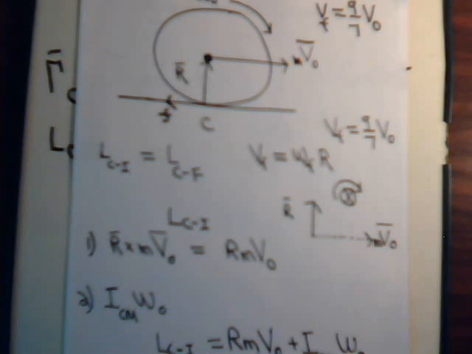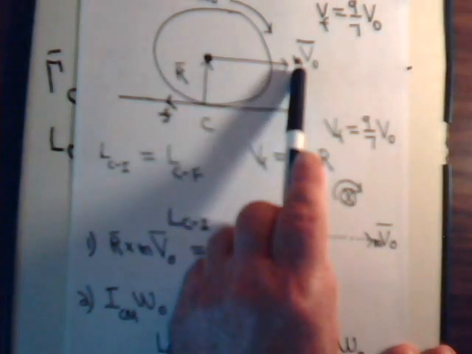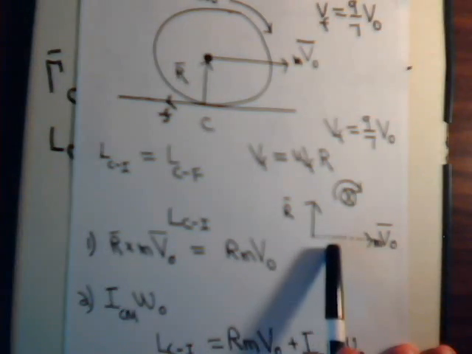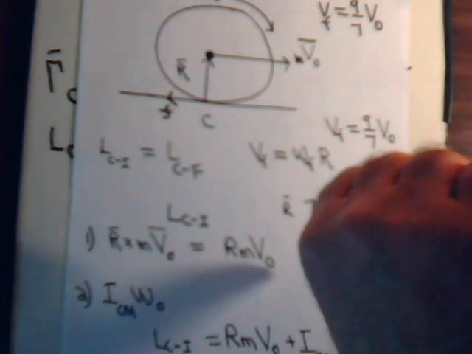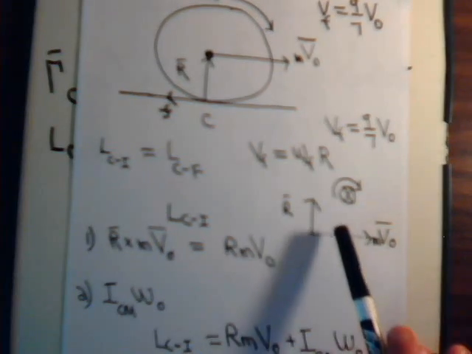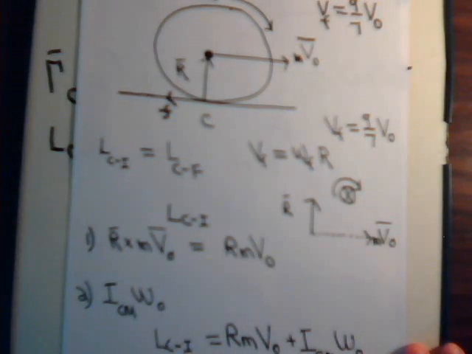Is it positive or negative? Here's r, our position vector, and v naught goes to the right. We position it like this to take the cross product. Then our thumb points in, and our fingers wrap around in a clockwise direction. That's positive, so this has a positive value.